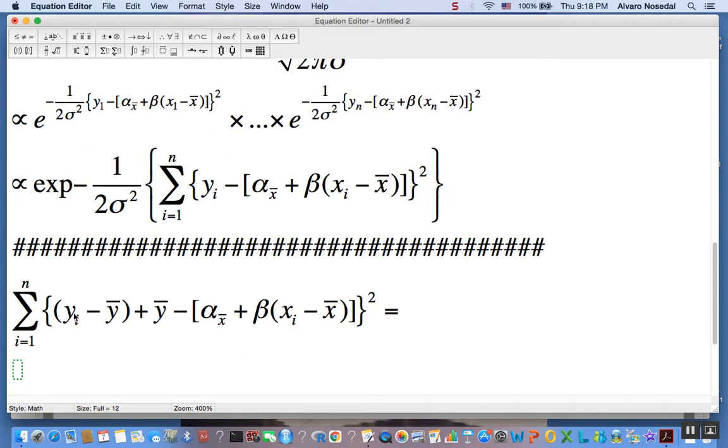So I had yi minus y bar plus y bar minus. This is a minus, what I need to have here. Okay? Okay, good. So now, let's do the algebra. We're going to treat this guy as one term, so we want to square this plus this. We're going to treat this as a second term. Okay, so here we go.